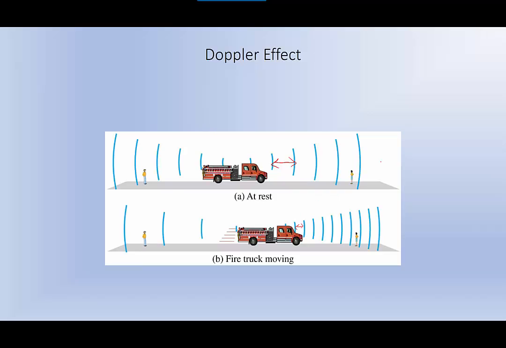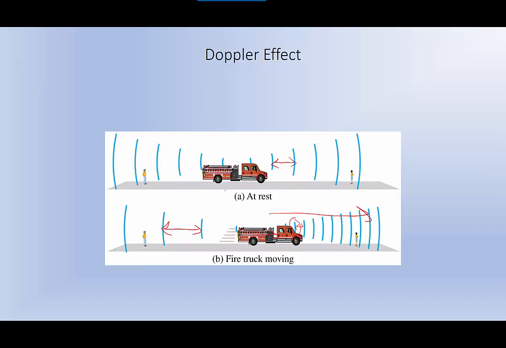So the initial sound waves, which are traveling outward still, are now being joined with the new sound waves that are being produced from wherever the fire truck is. Similarly, in the back, the wavelength is getting longer because now the source of the wave is moving away from you, the observer, and the result is that it's taking more time for the wavefronts to travel.